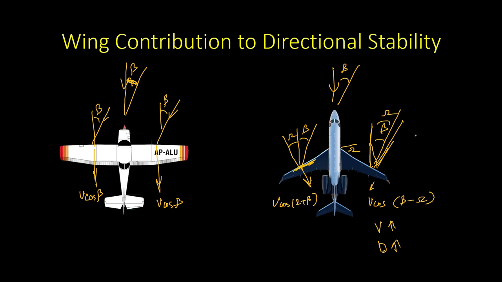This will give a positive yawing moment, and hence it will contribute positively to the directional stability of the aircraft. Since Cn is positive and beta is positive, we can say that Cn beta is positive, and we know that we needed a positive Cn beta for a positively stable aircraft. So we can conclude that wing sweep also contributes positively to the directional stability.